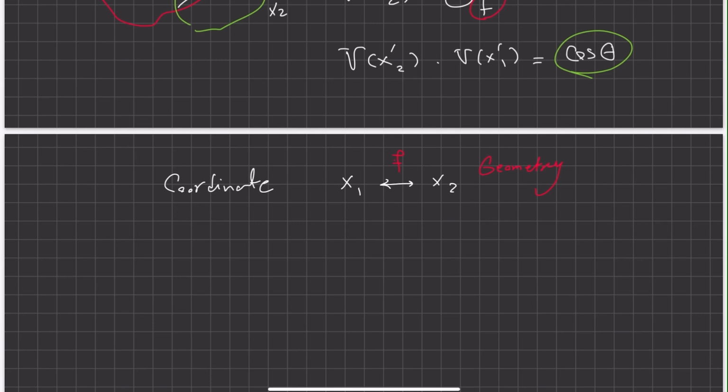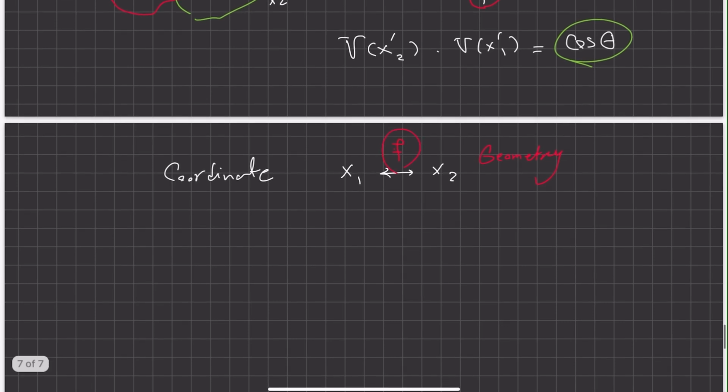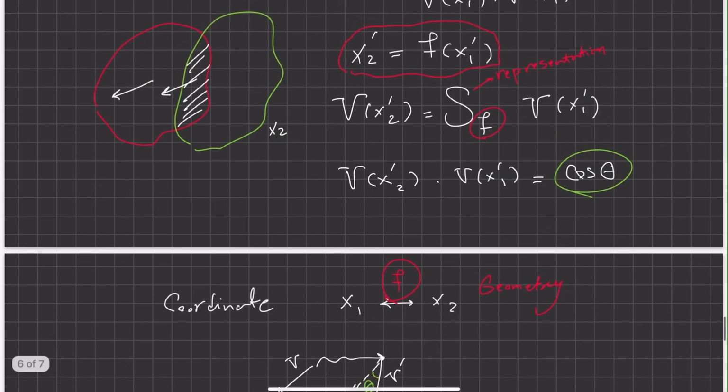But here, just thinking about geometry. So the geometry can be encoded into those transformations. So when we are moving these vectors to another point of a space-time, they might rotate from their original direction, and that's a cosine of theta, and that's because of some curvature here. And this curvature is encoded into these manifold mappings.